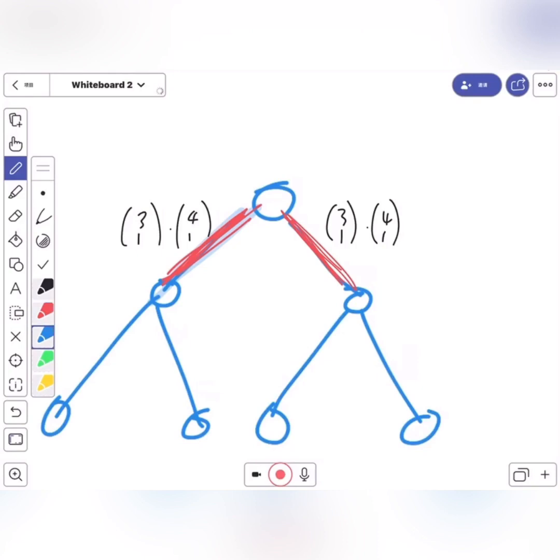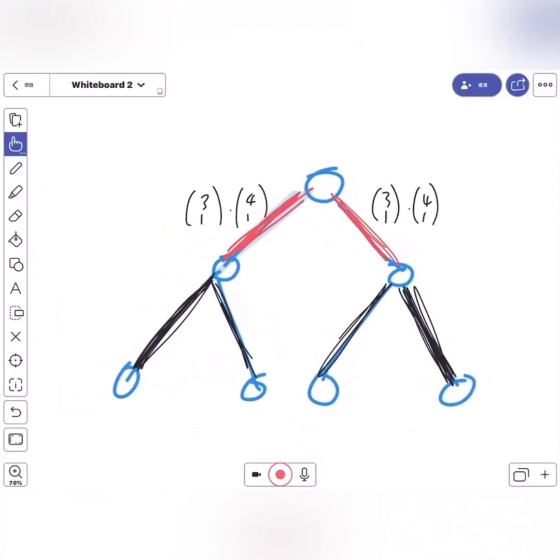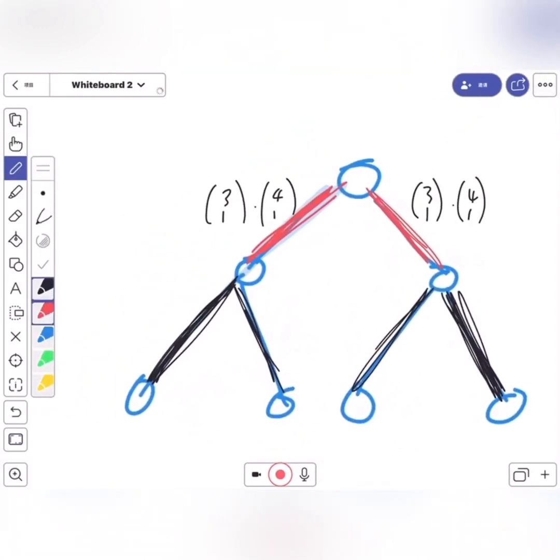Now, what about this route? Well, for this route, we must pass through this path in order to reach this node. Same as this, same as this, and same as this. We must pass this path regardless of which node we decide to start. So this basically means that, if I use a combination, then this will just be 1 choose 1 times 6 choose 1.